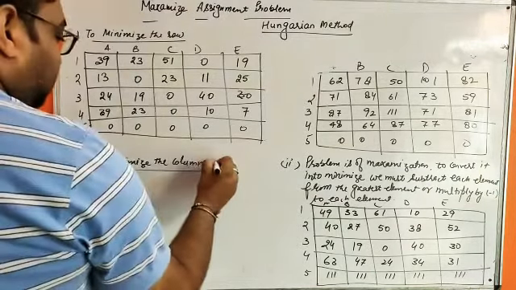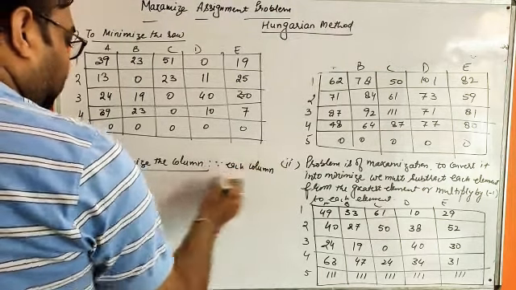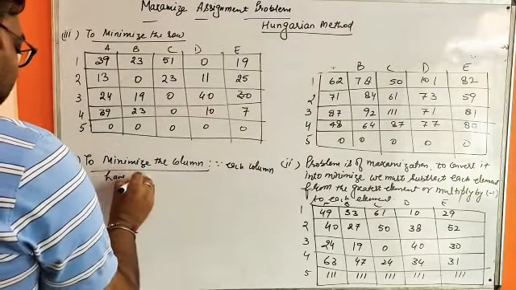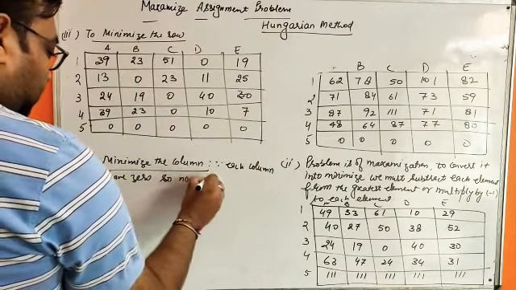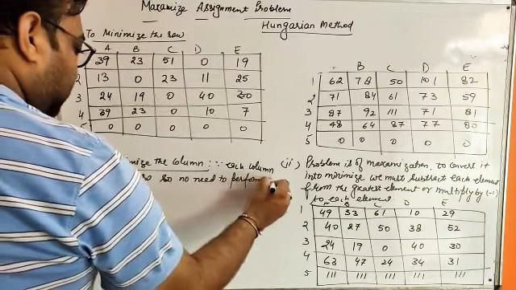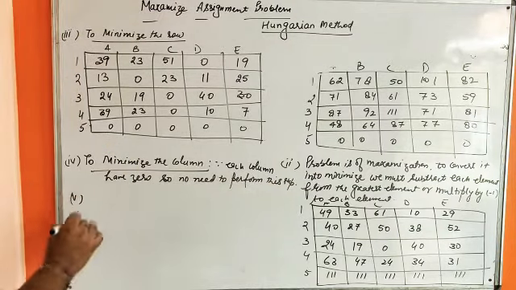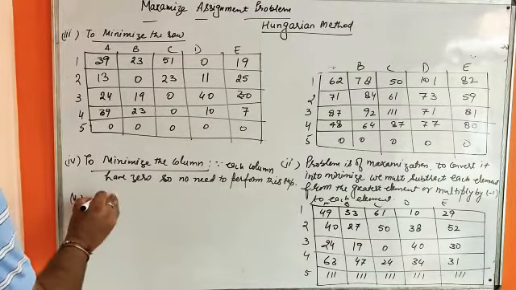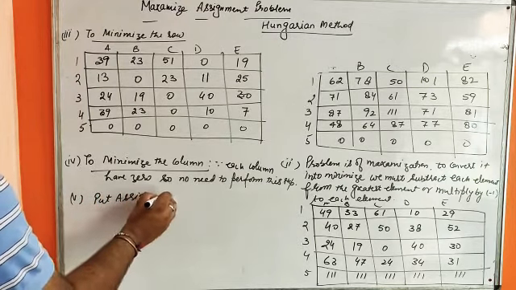Since each column has 0, no need to perform this step. So directly moving on to the fifth step, put assignment. So how to put assignment?